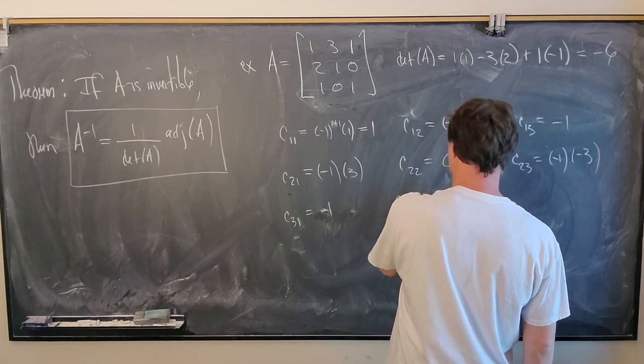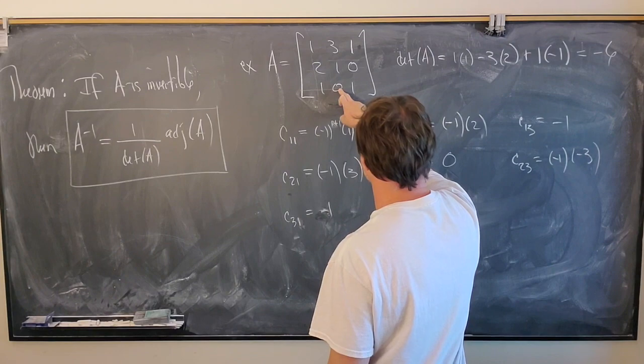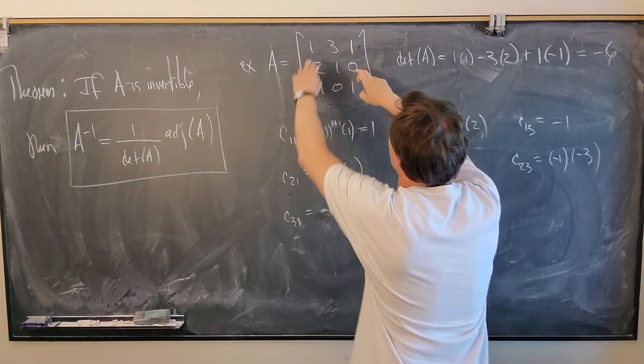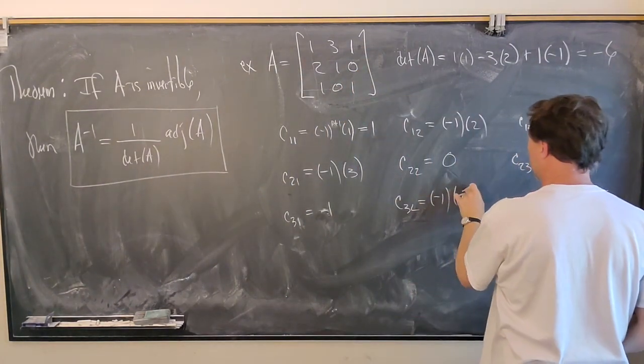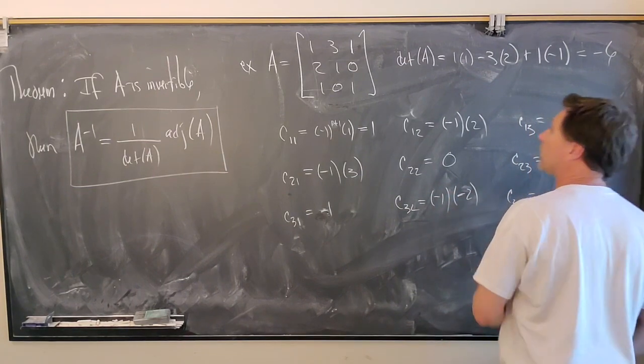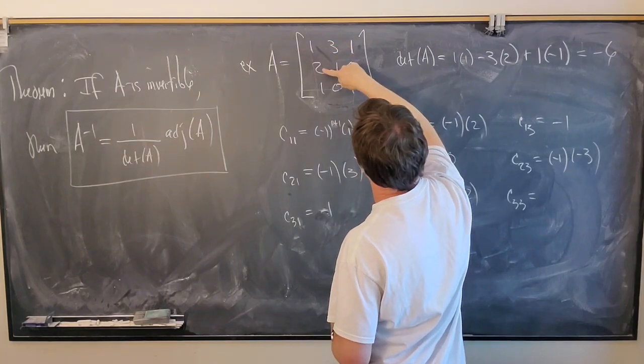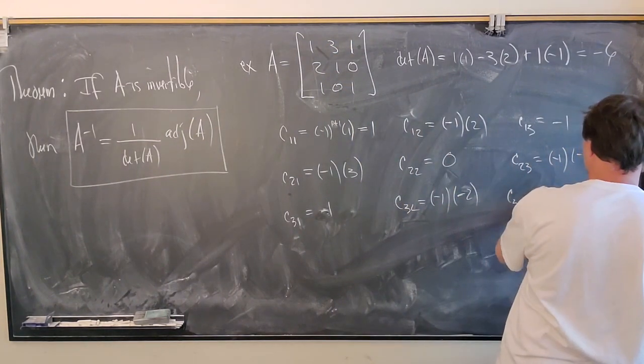C32 will be a negative 1 times, delete third row, second column, negative 2, so positive 2. And then C33 is delete third row, third column, and I get 1 minus 6, negative 5.